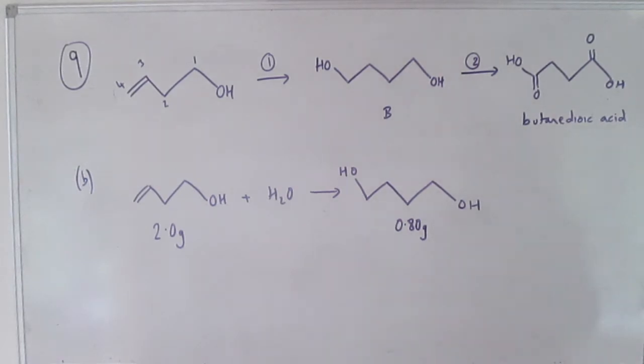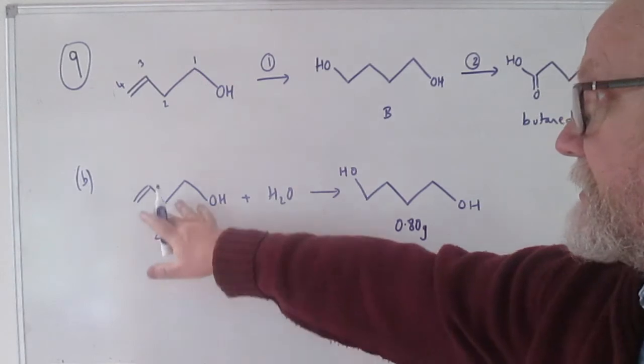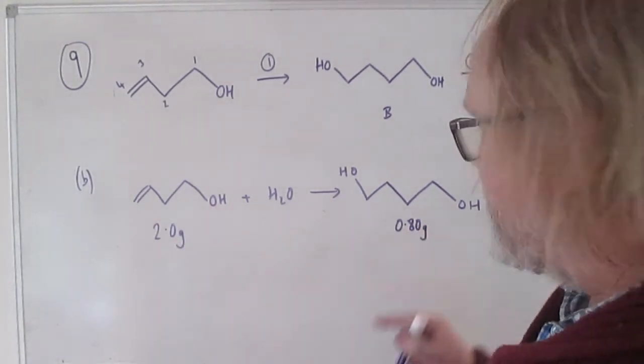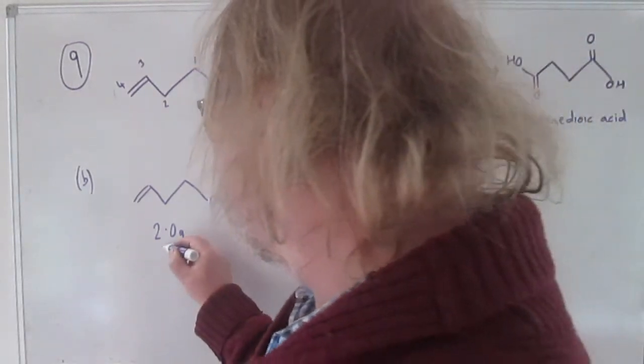Okay, so in part B, Van has a go anyway, and this is what happens. So he takes 2 grams of this, reacts it with excess steam, and he gets 0.8 grams of the product he was hoping for. So we've got to work out what that represents in terms of percentage yield. So as always, can't work directly with masses, so the first step is to turn those into moles.